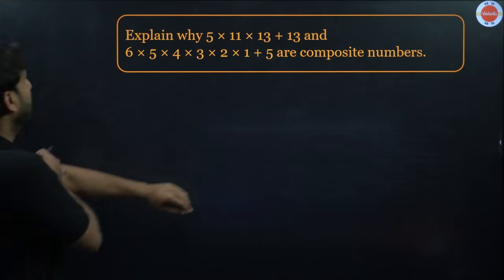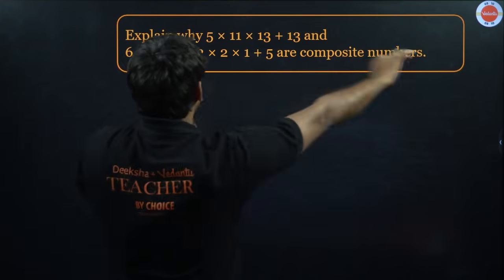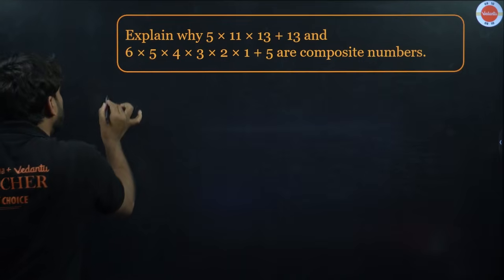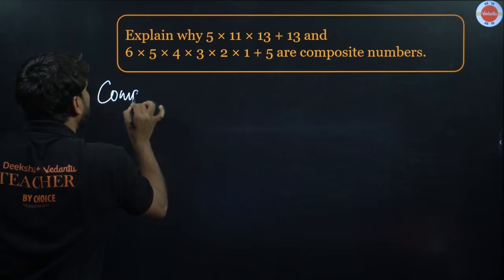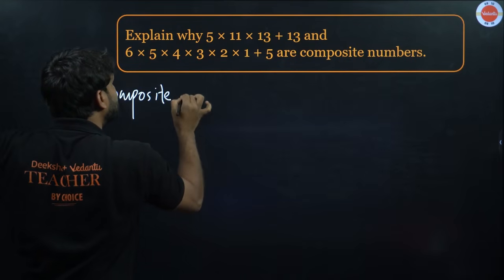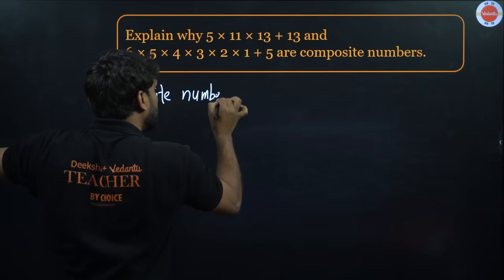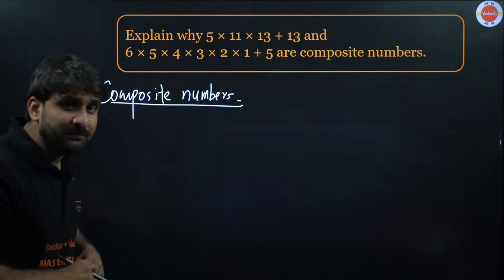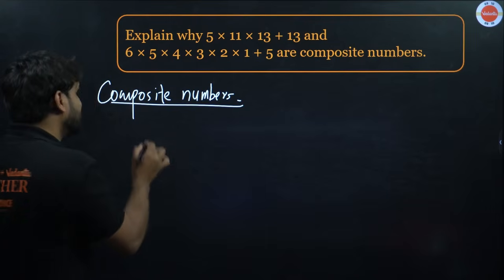Now look at the question: explain why 5 into 11 into 13 plus 13 is a composite number. I have just told you we have to prove composite numbers. What are composite numbers?